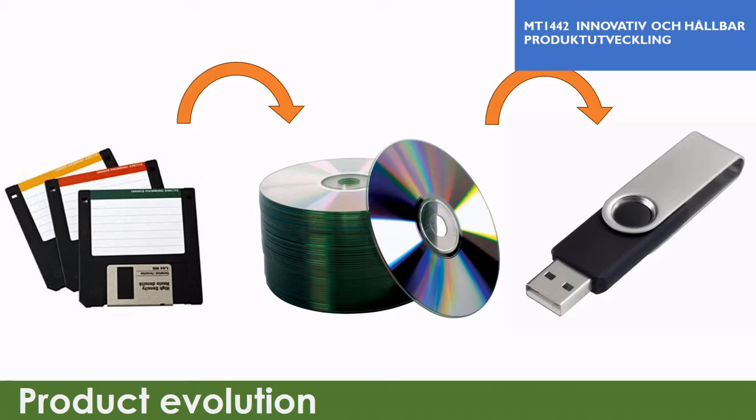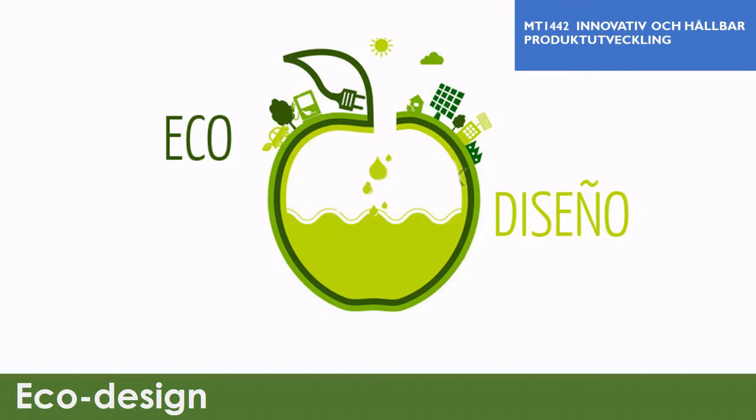As well, they can be improved in terms of sustainability. That's why eco design has a very big step in the change of sustainability, because if you design better products, it's possible to create a better sustainable environment.